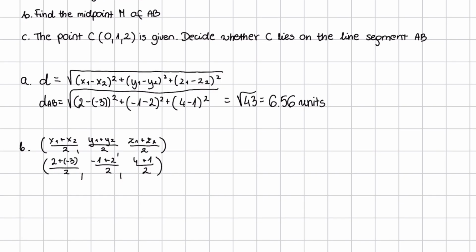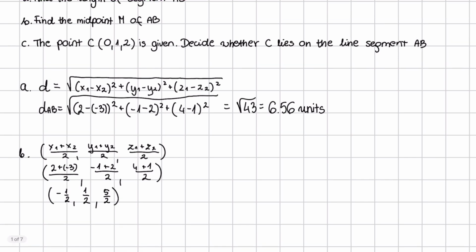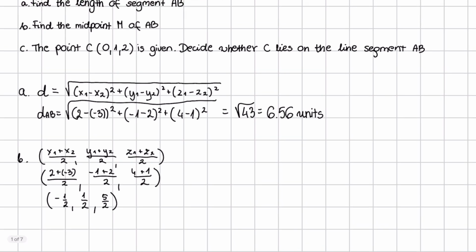Basically, we know the answers already, so here we have -1 over 2, then we have 1 over 2, and the last one is 5 over 2. So this is our midpoint M of AB.